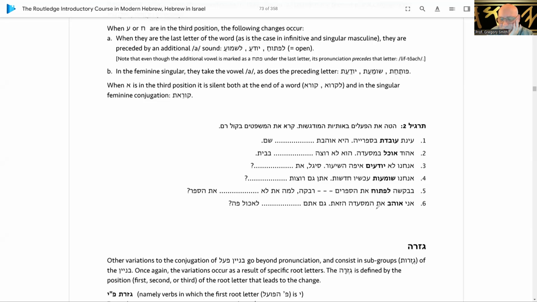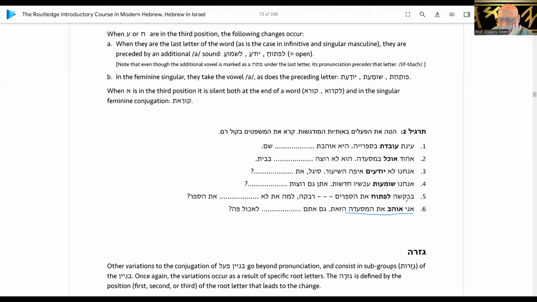אני אוהב את, let's see, so I like what? Oh, I like hamisadeh, hazot. I like this, I think misadeh is like a meal or something like that, if I remember correctly. אני אוהב את hamisadeh hazot.